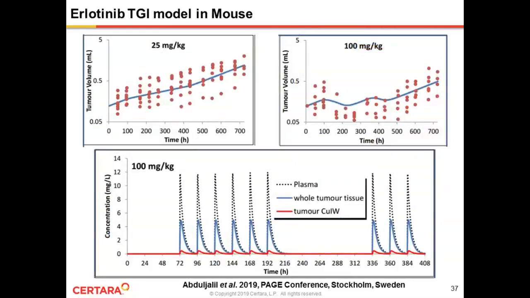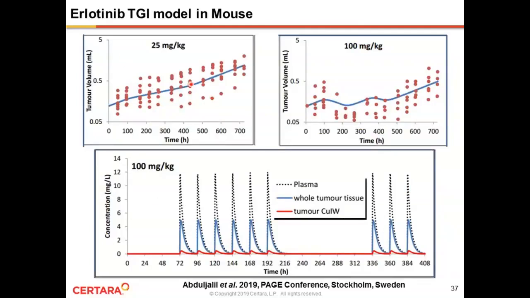As you can see here, on the y-axis is the tumor volume, and the red dots are the observed tumor volumes, and the blue line shows the growth of the tumor as modeled by the tumor growth inhibition model. In this particular example, the Simeoni model with 3 compartments was used to look at the growth of the tumor in the presence of erlotinib.